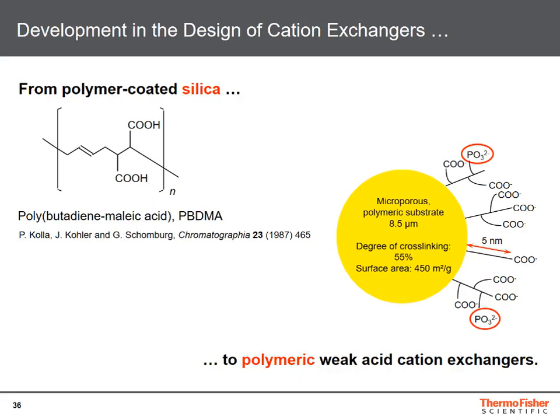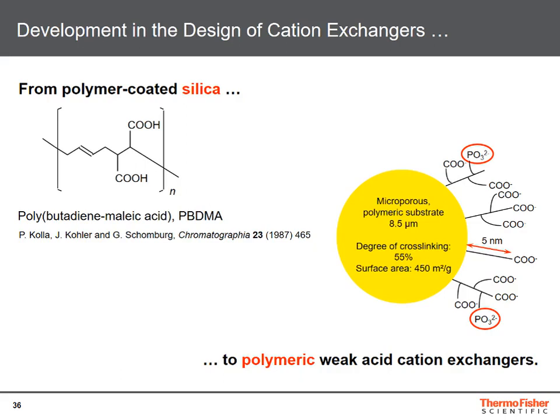As I just pointed out, the manufacturing of polymer-coated silica is not that reproducible. Today, we are using organic polymers and grafting polymer chains to the surface, which carry the ion exchange functional groups. And as you can see from the right side of this slide, we are today using carboxyl and phosphonate groups because both phosphonate and carboxyl groups are impacting the complexation behavior of divalent cations.